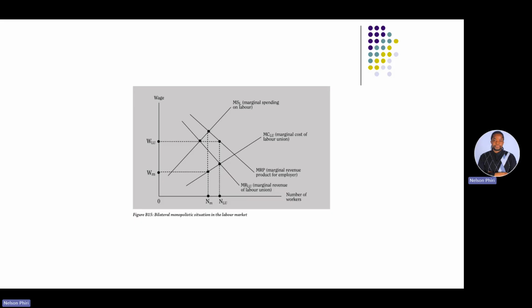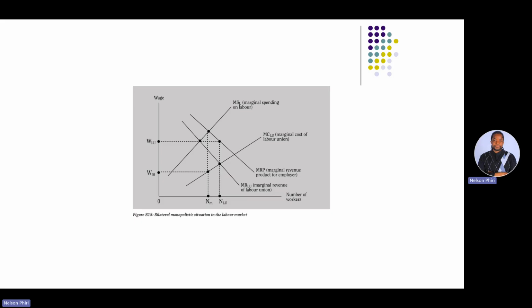Keep in mind that the wage demanded by the labor union is derived by the MRP curve of the employer. So there is a curve there, the MRP curve of the employer. It can be clear from this analysis that the wage offered by the employer, monopsonist, differs from the wage demanded by the union. Collective bargaining will eventually determine the wage rate and employment levels at the end of the day.